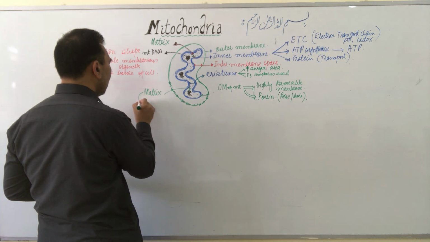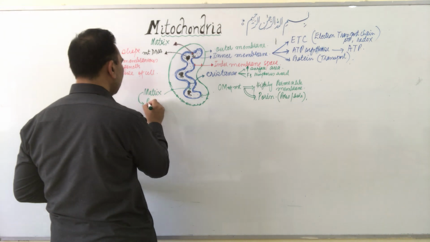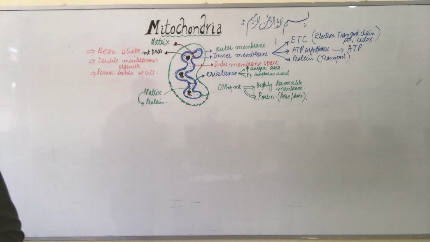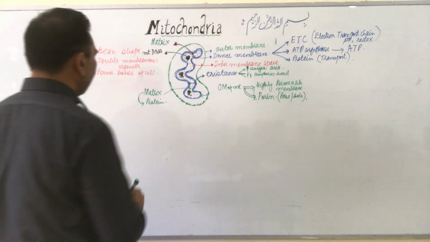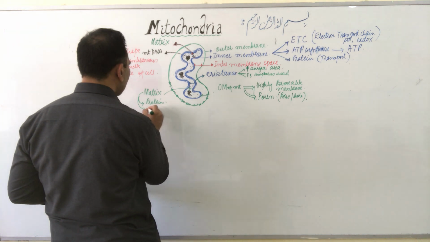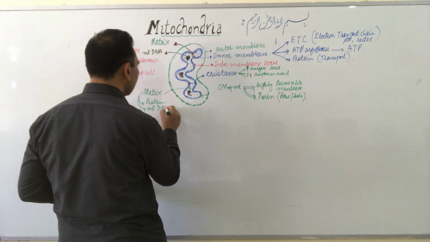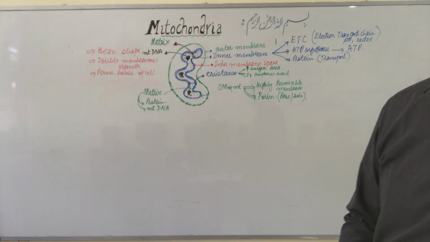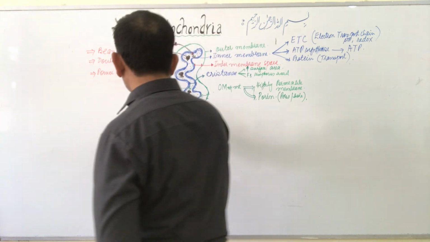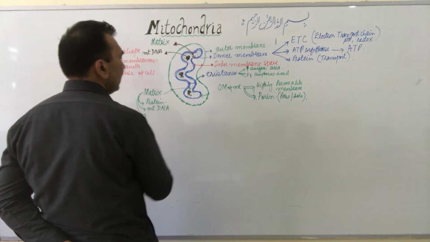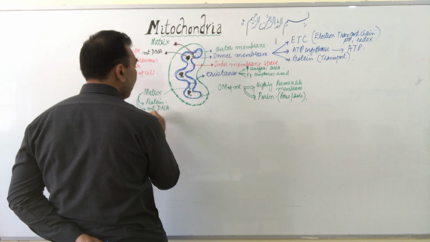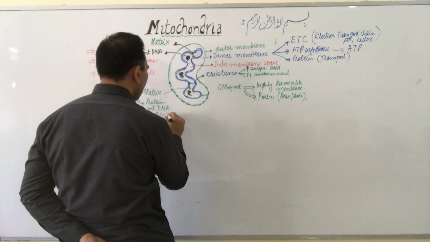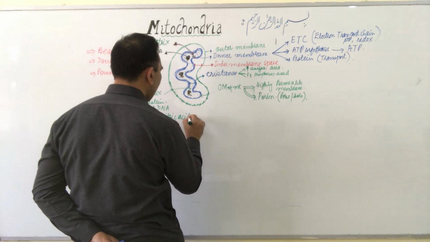What is the function of the matrix? The first function is protein. The second is that it contains the mitochondrial DNA. The third function of the matrix is that it makes ATP and maintains the citric acid cycle.